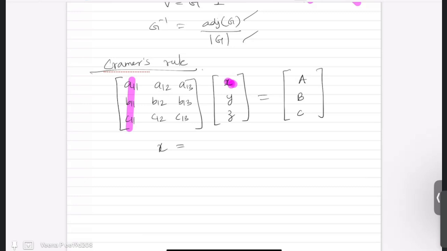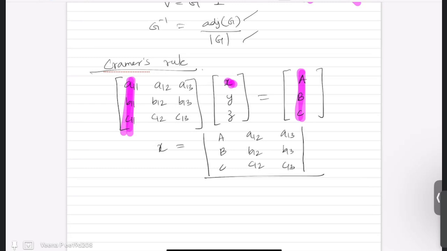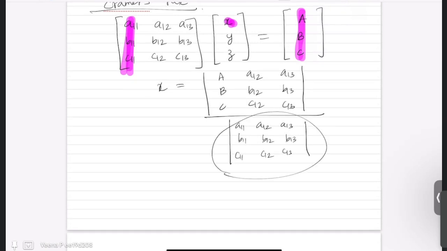So when you are finding X, you should replace this column with A, B, C. So X is given by determinant of A, B, C, A12, B12, C12, A13, B13, C13 divided by the determinant of A11, A12, A13, B11, B12, B13, C11, C12, C13. I am naming this whole determinant as D. So this is Cramer's rule.